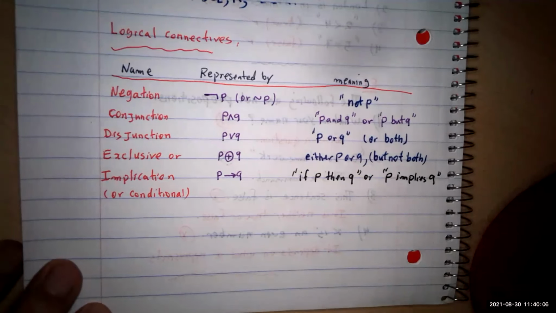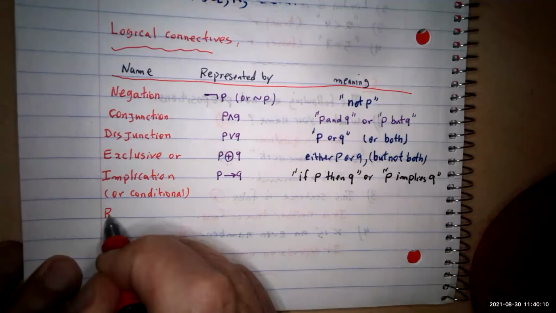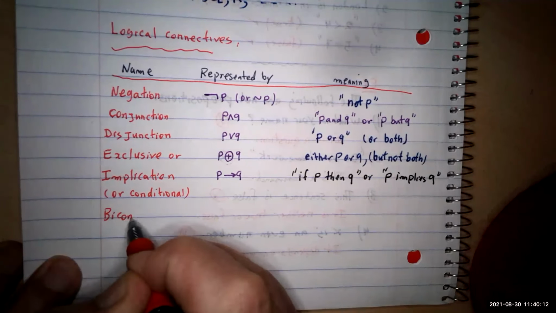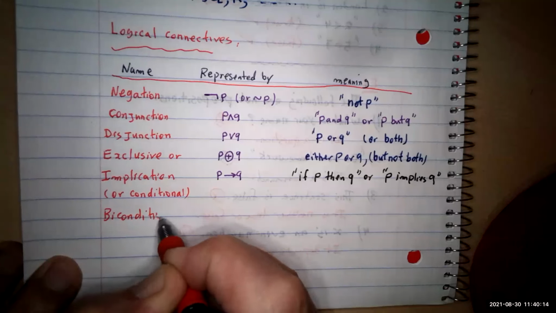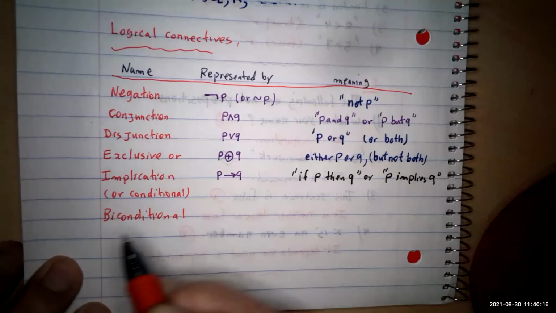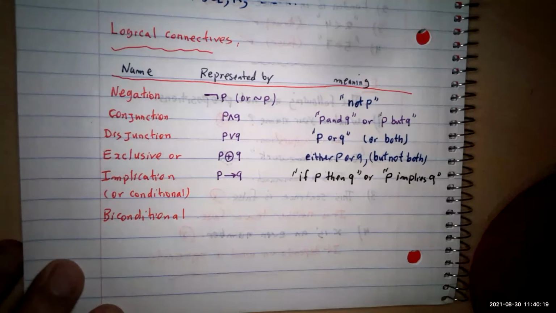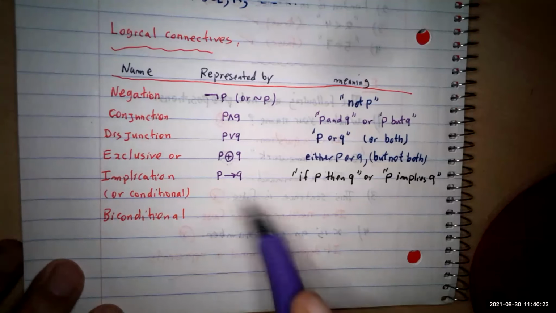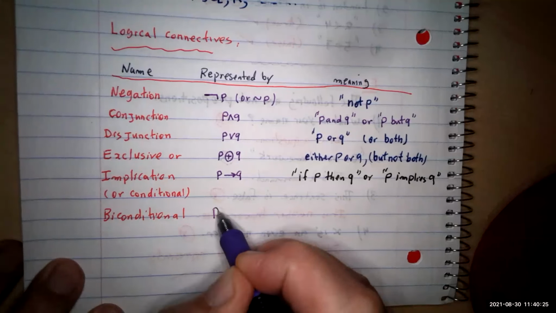And the last one is the biconditional. Biconditional is the one we call "if and only if."